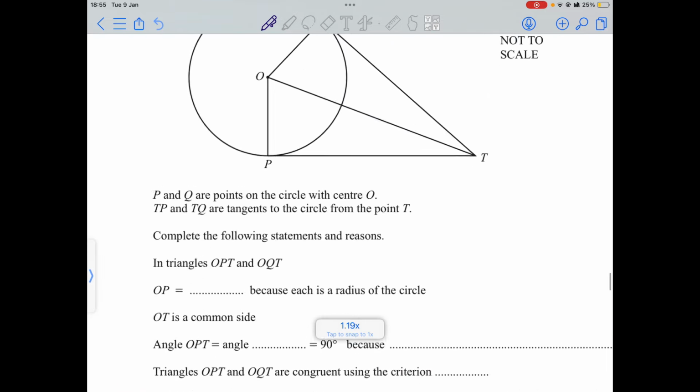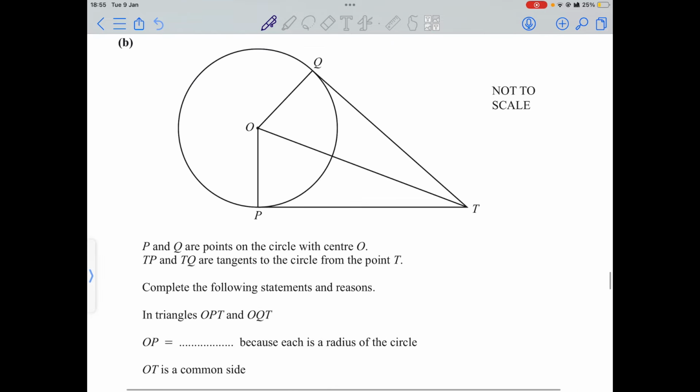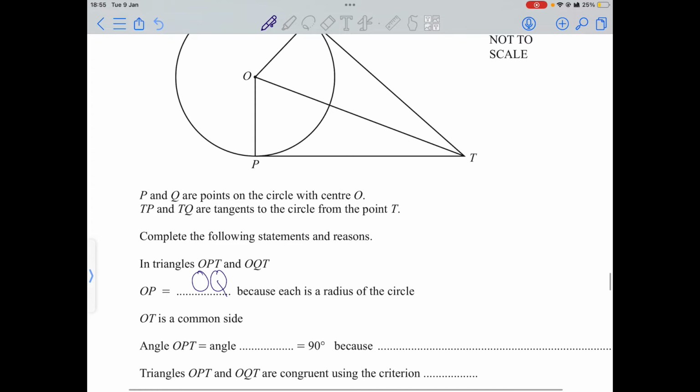Okay, in this triangle, OP is basically equal to OQ because they are the radii. You can see that both of these are radii, so they are equal.